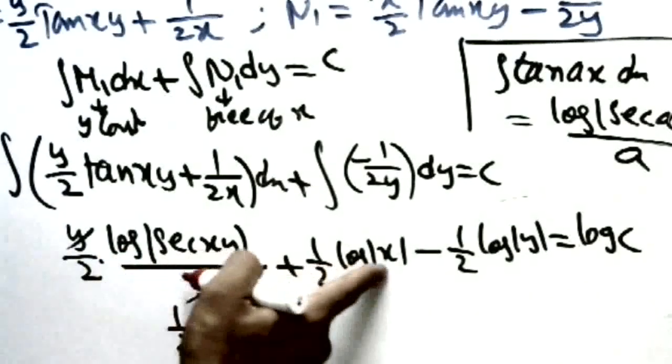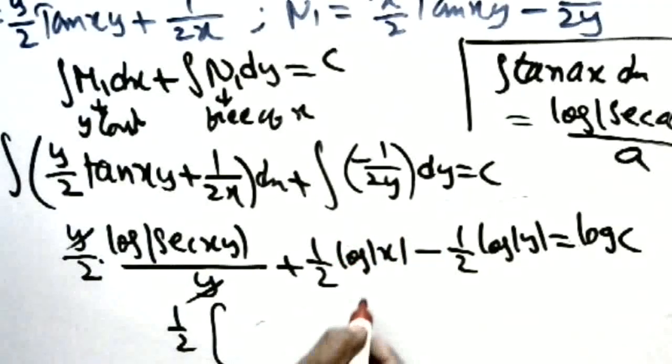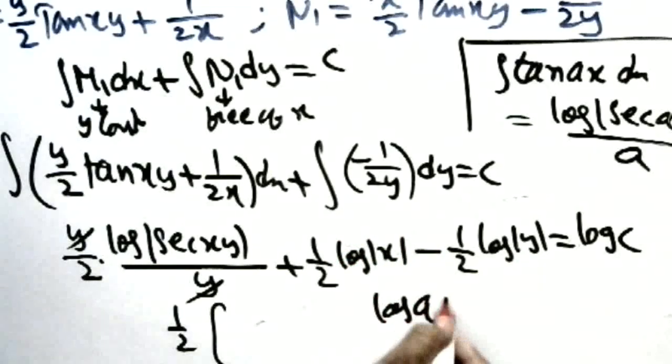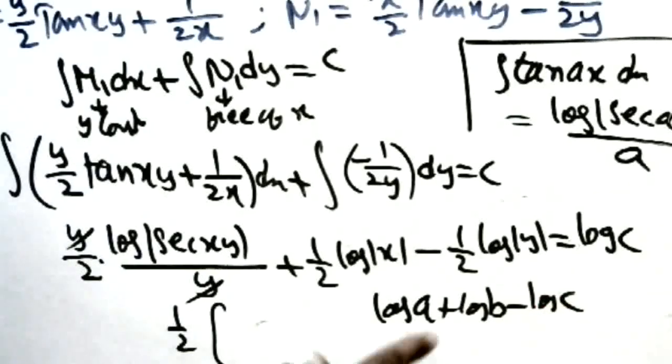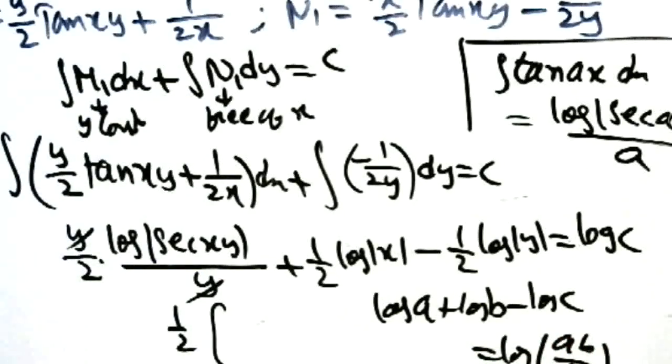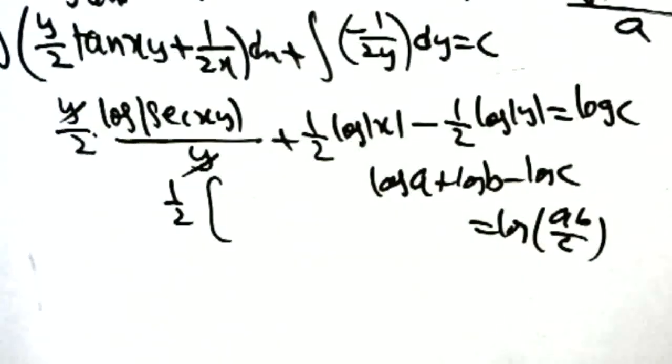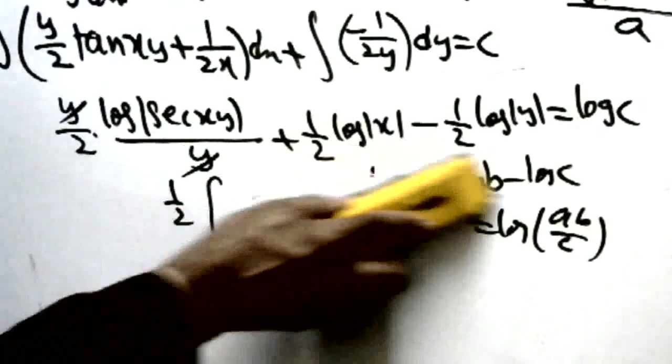So what is left here, watch carefully: log a plus log b minus log c. So we can write log AB by C. This minus will go down. This will be the formula, log AB by C. Once more I will explain.